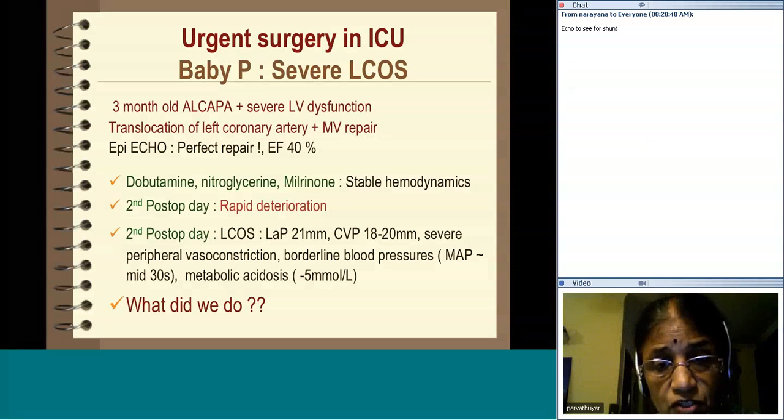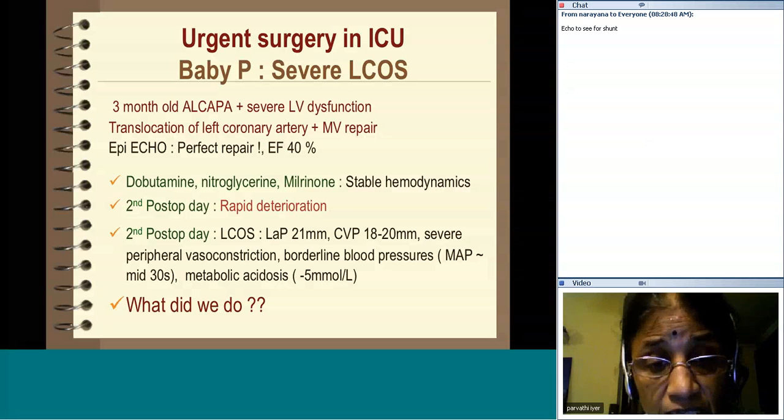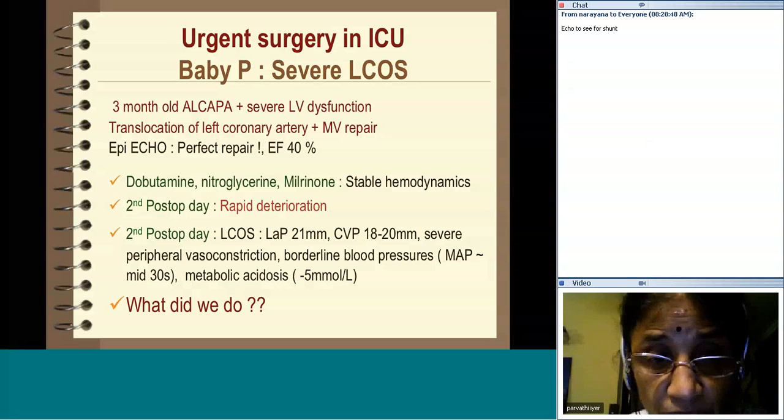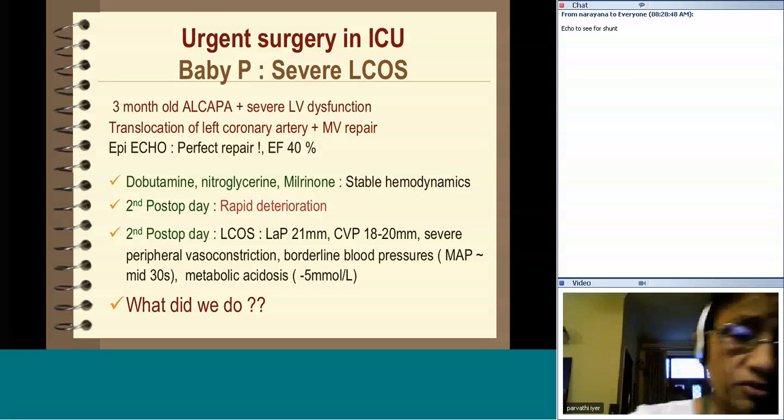Now what do you think we did? We were already on full support, dobutamine, nitroglycerin, milrinone, and by this time epinephrine had also been added. What do you think we should do?